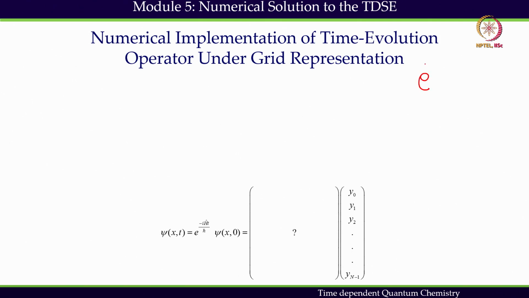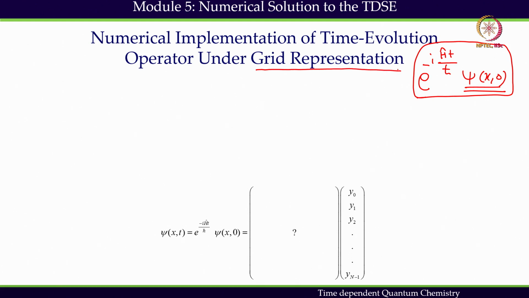So, I have e to the power minus i H cap t by h cut, then I have psi x 0, and this is the part we have to numerically implement. As the time evolution operator is an exponential operator, its numerical implementation requires some method of calculating the matrix exponential. One of the procedures we have already seen in Python tutorial 2 is that we can represent a wave function under a grid representation.